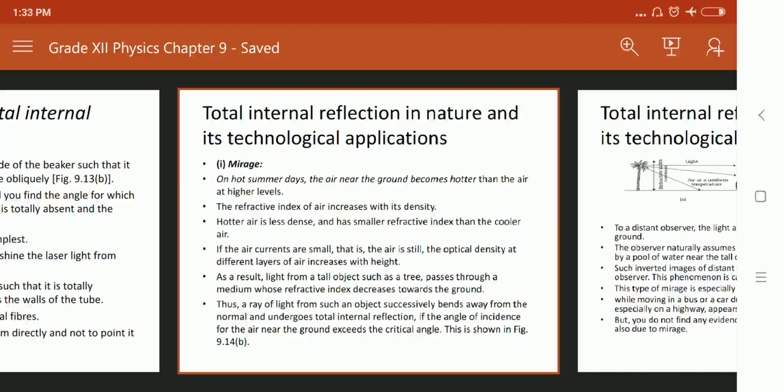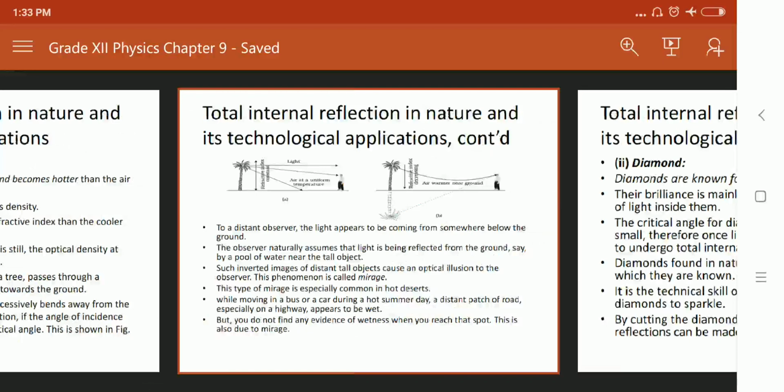This is only possible if the angle of incidence for the air near the ground exceeds the critical angle limit, as you can see here in the diagram. So to a distant observer, the light appears to be coming from somewhere below the ground. The observer naturally assumes that light is being reflected from the ground by a pool of water near the tall object.